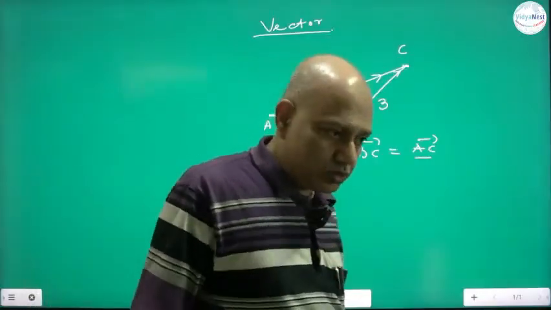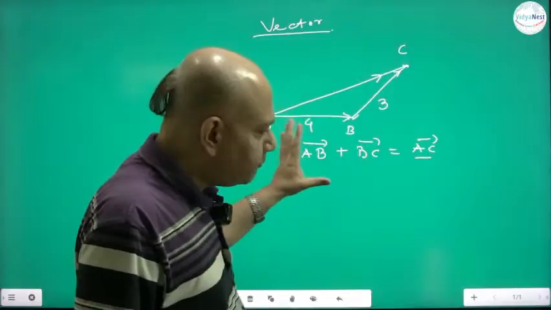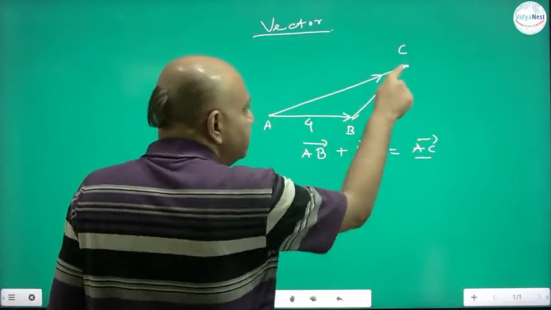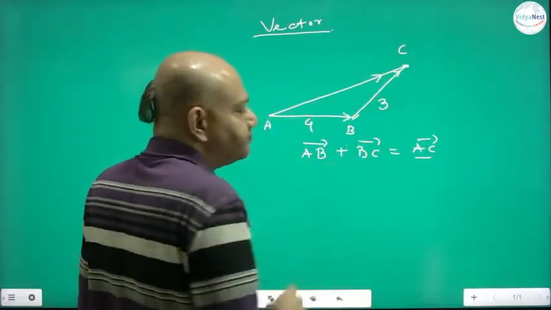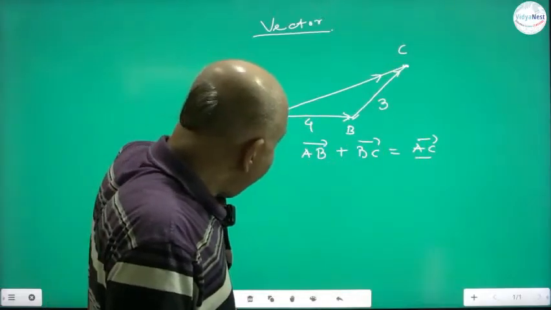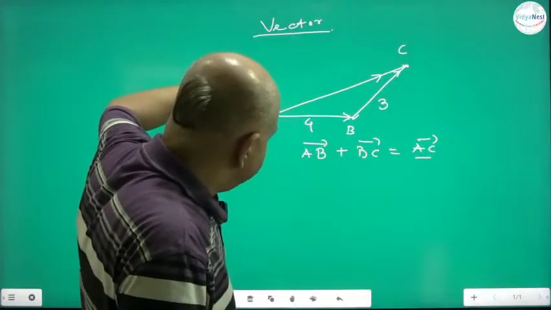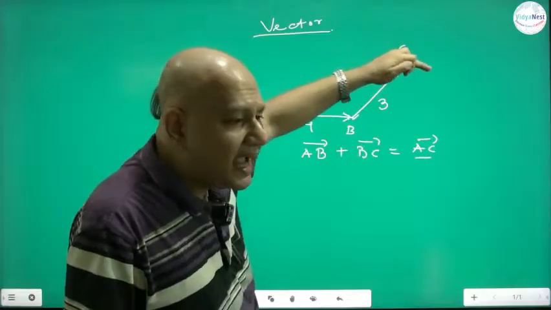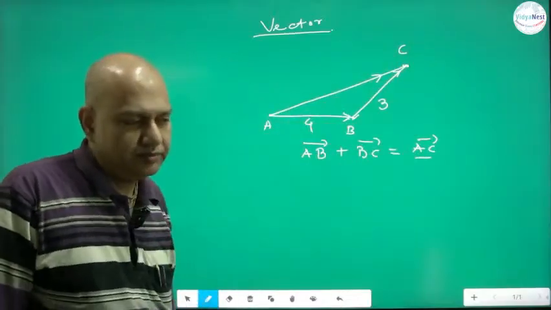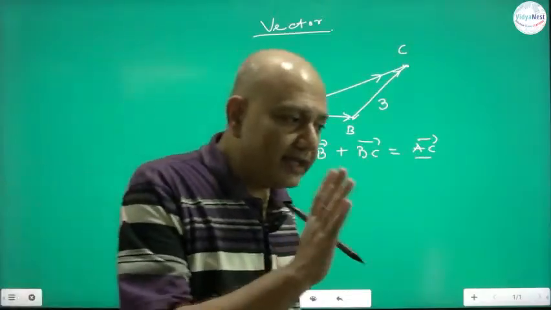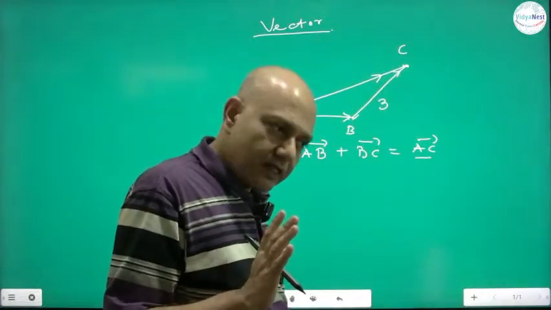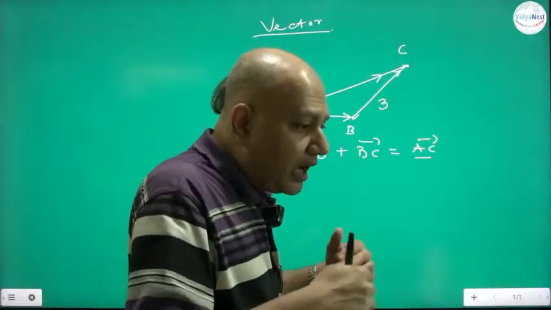Okay, understood? Fine. Now, this diagram you see, AB and BC, what am I going to get? AC. So, actually, by this triangle, I can represent the addition of the vectors. So how is it represented?